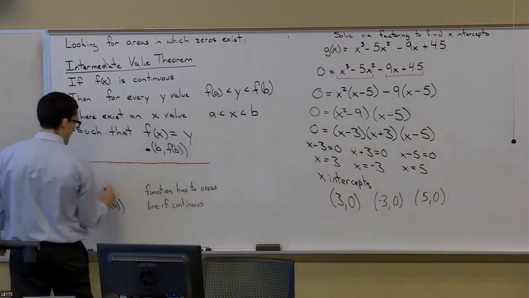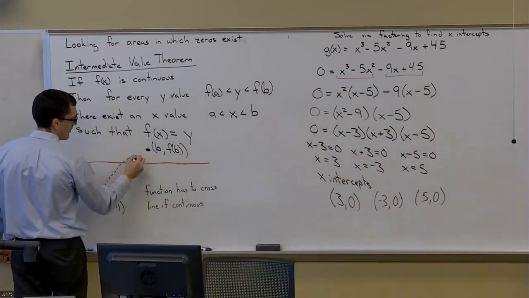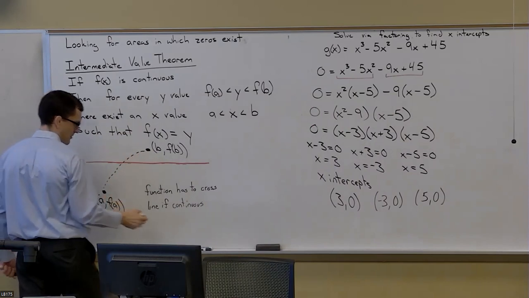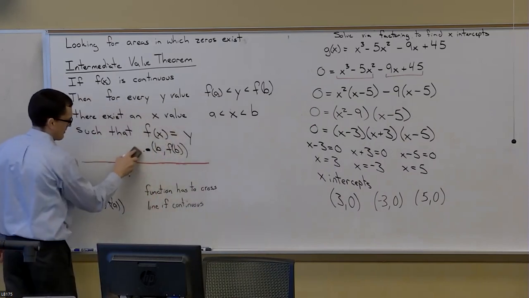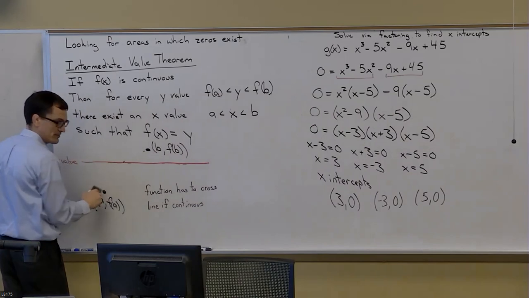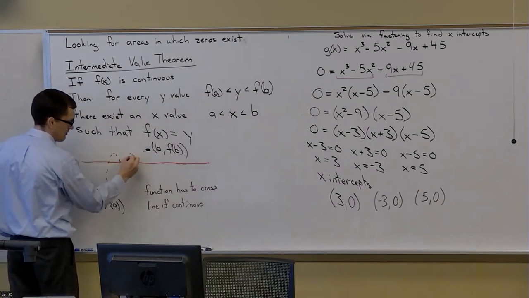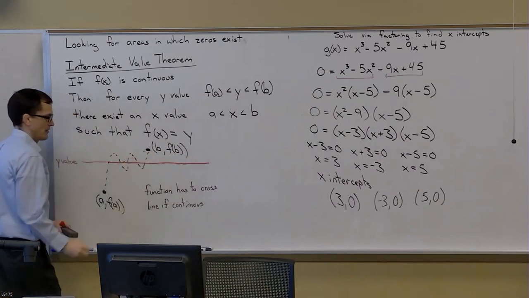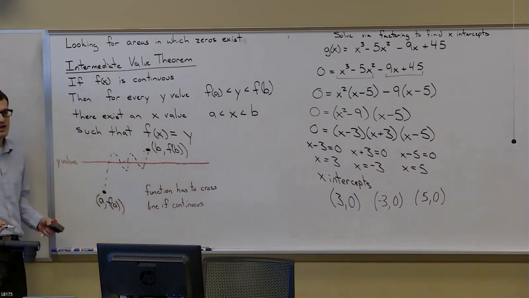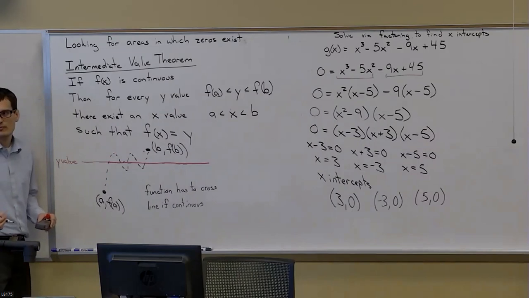Now, it may cross the line once. Could cross the line twice, right? Could cross the line a few times. But it's got to cross the line at least once. That makes sense?